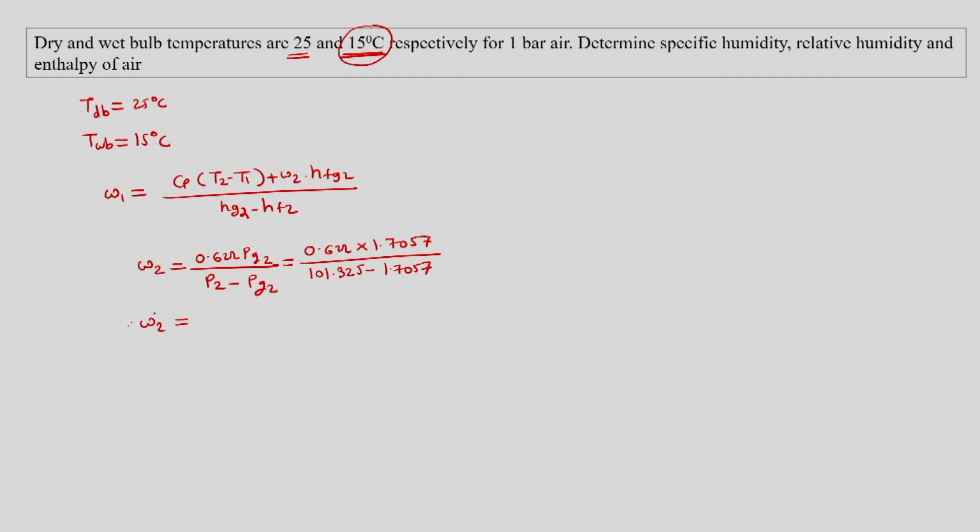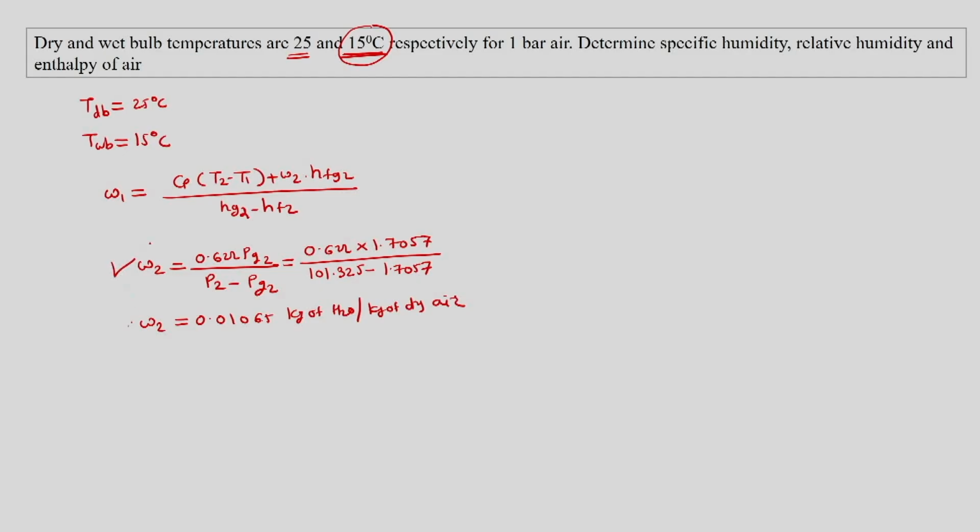So the saturation leads to the specific humidity of air for 15 degrees Celsius as 0.01065 kg of water per kg of dry air.